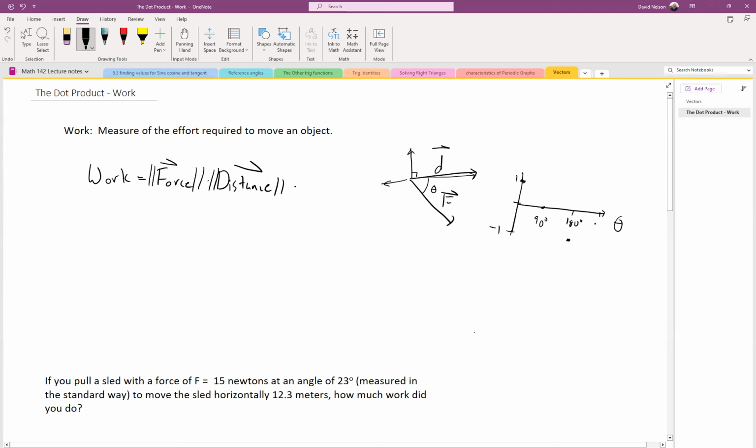So if your angle between the two is 180 degrees, you're sort of doing negative work. You're moving things in the wrong direction. And then at 270 degrees, we're going to say that that's 0. If you're pushing down, but you're trying to move the object to the right, you're not doing any work at all. It's not moving in the direction you want it to be. And then, of course, back to 360 is going to be 1.